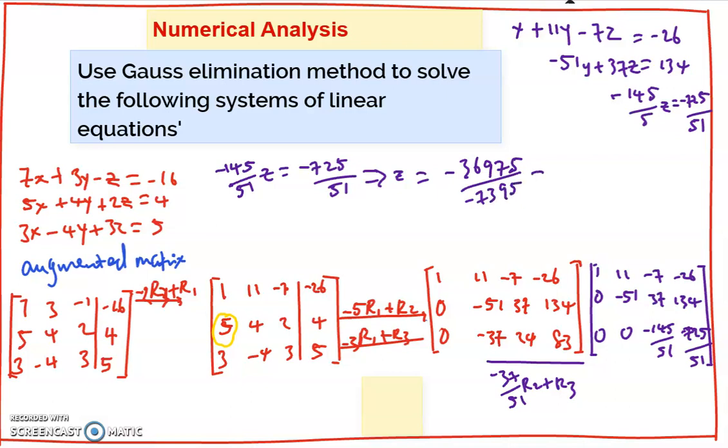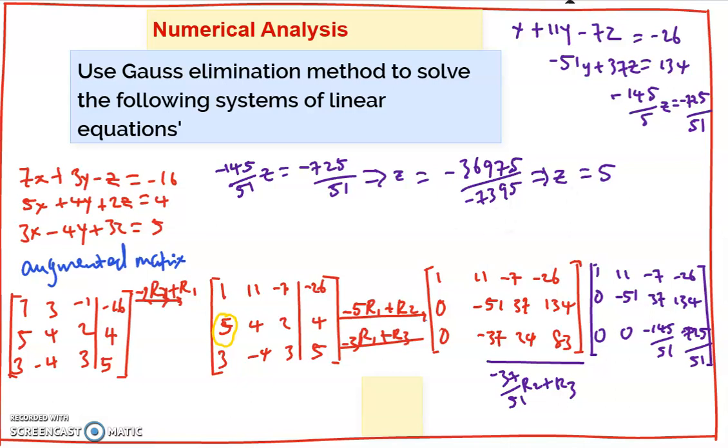This therefore means that the value for z is 5. If we divide these two, you will simply get 5. We are using back substitution, so the value for z in this equation is 5.